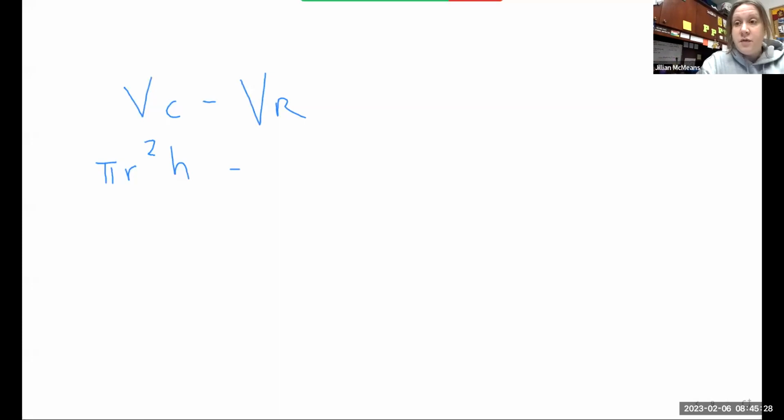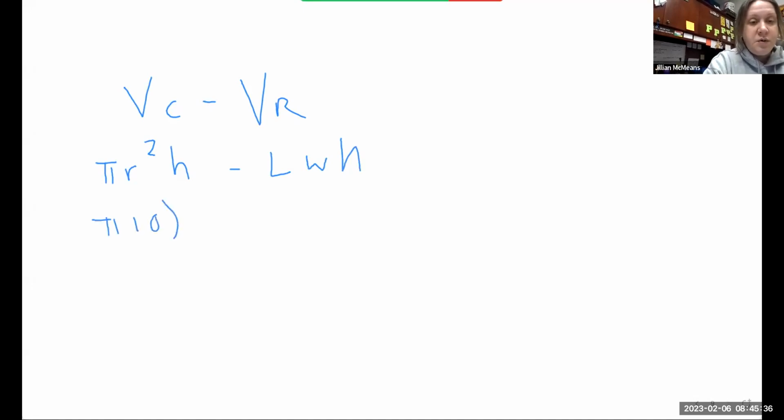For the volume of the rectangular prism, we want length times width times height. So we've got pi times 10 squared, since we were told the radius of the cylinder was 10, times the height, which is 5. Then the prism has a width of 3 and a height of 4 and a length of 5.